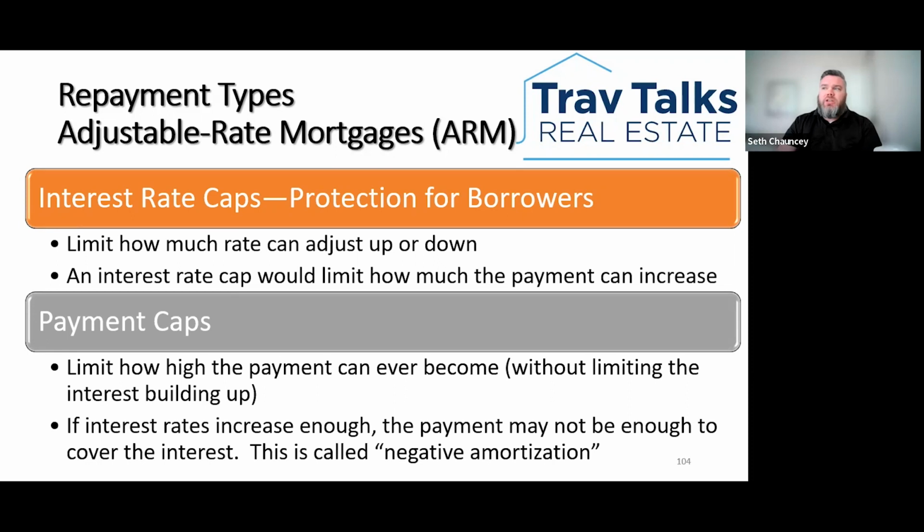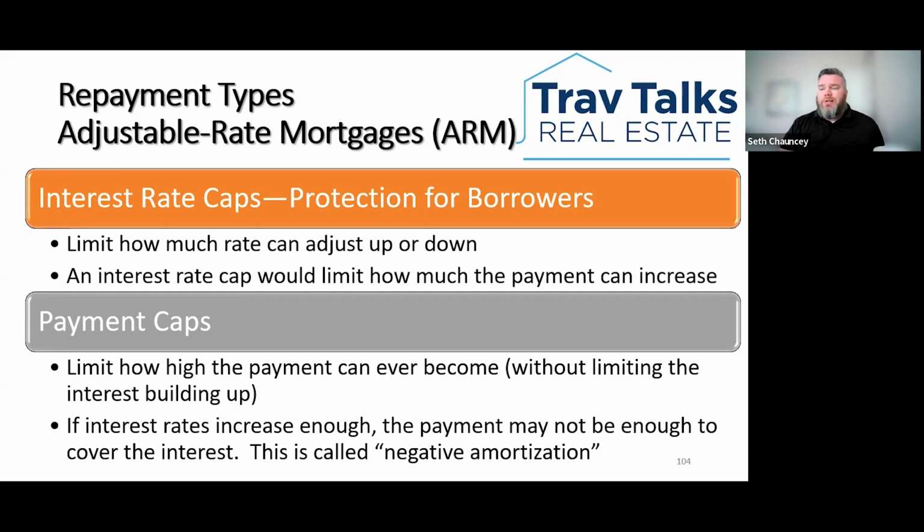Your payment may not exceed a certain number, but if your interest has gone up to a certain level, you may be in what's called negative amortization, where the payment cap you're paying is not enough to cover the principal and the interest. So you may actually be losing equity, or negative amortization would mean that you owe them interest that they didn't get paid. It's very dangerous and one of the biggest downfalls that could arise with an adjustable rate mortgage.